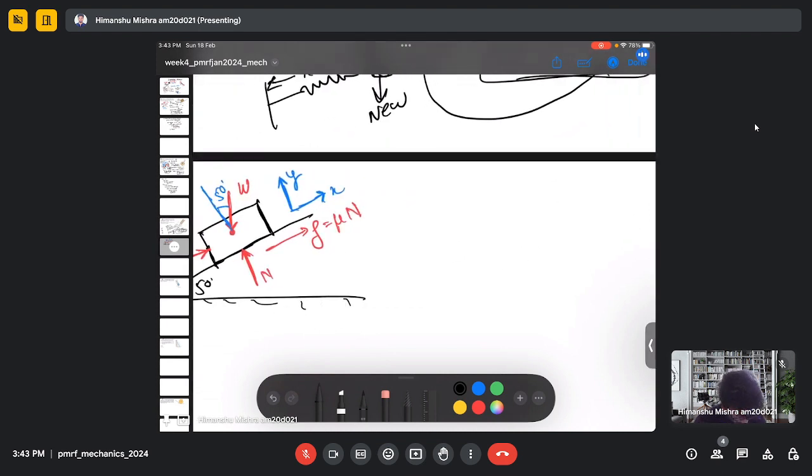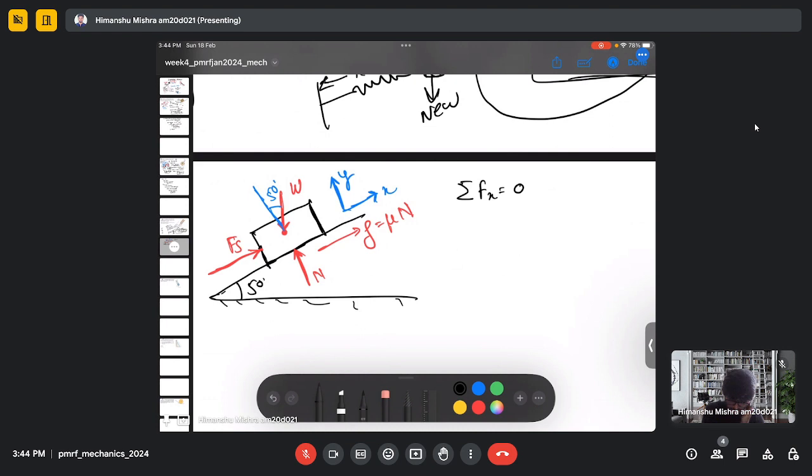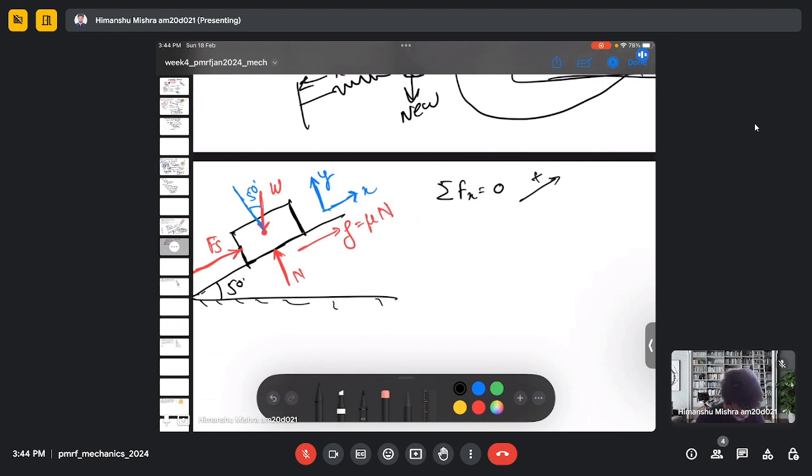So let's do the force balance in the X direction. This is the positive direction I'm considering.